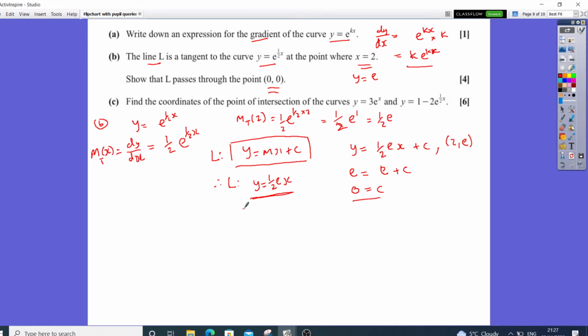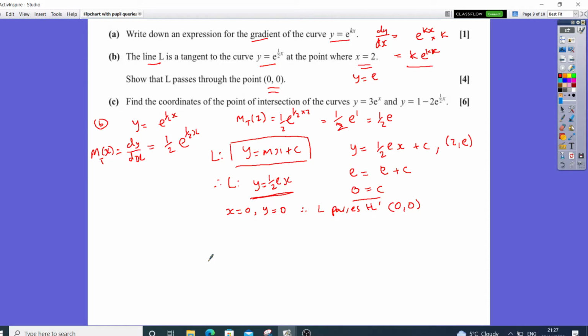And when x equals 0, 0 times anything will be 0, so y will equal 0. Therefore, L passes through the origin.